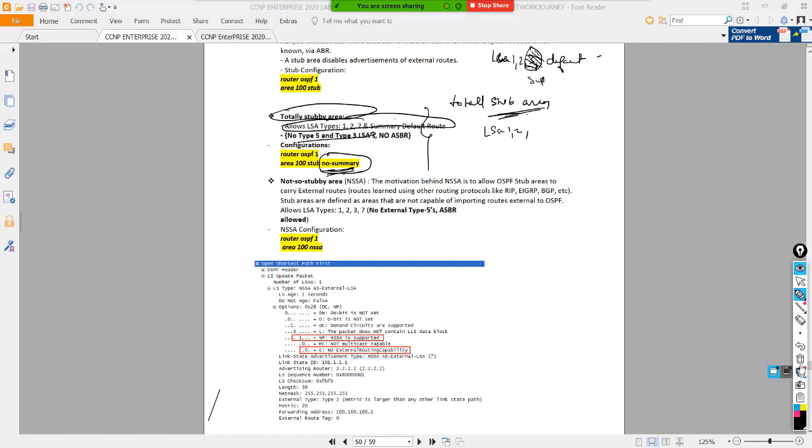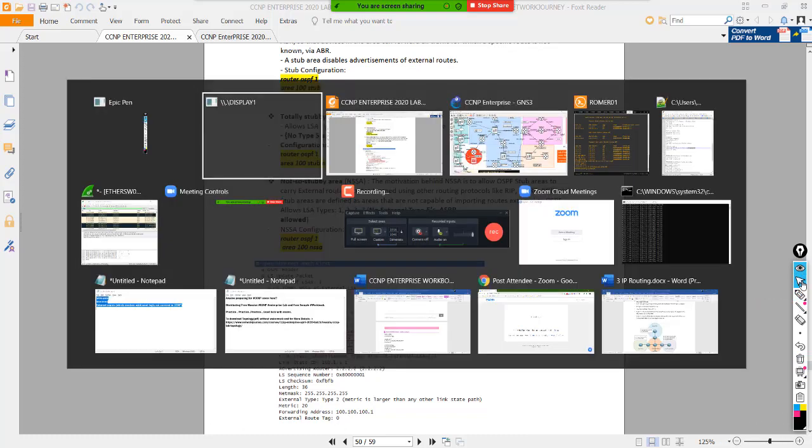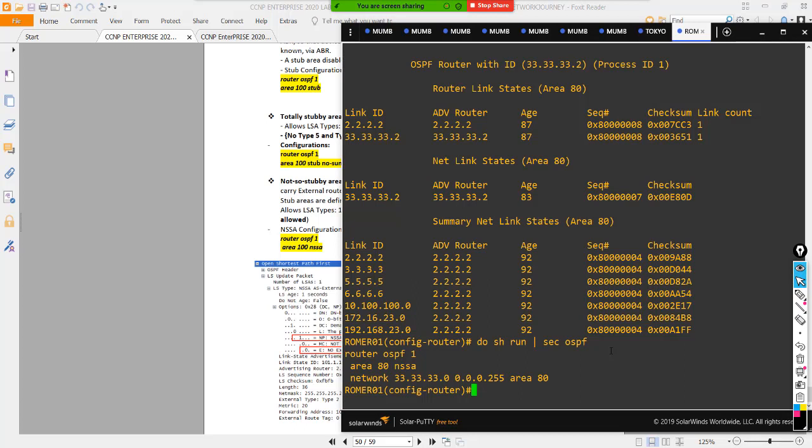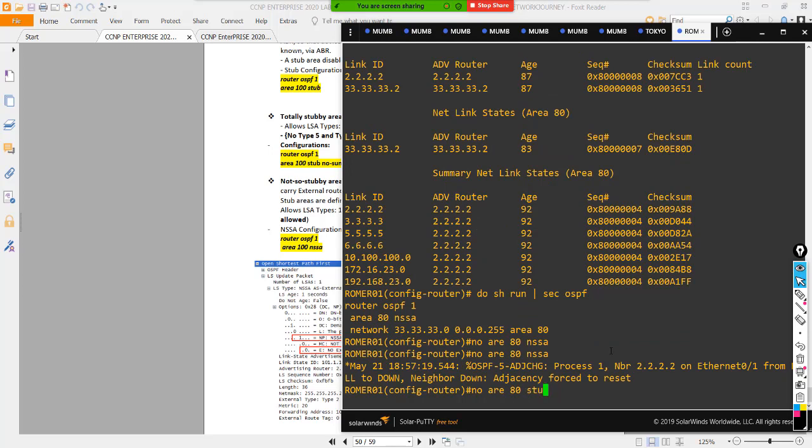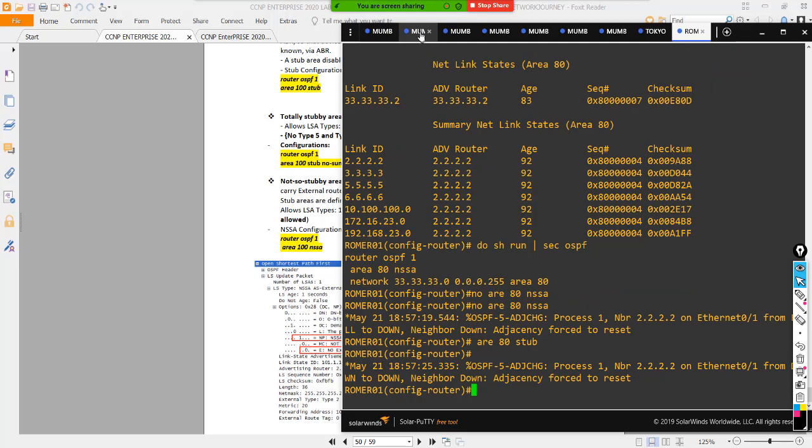If you want, I can show you. Let's go to this. Okay, I'm already on that. I don't need this. I'll configure this to be stub first. I'll go to the second router.